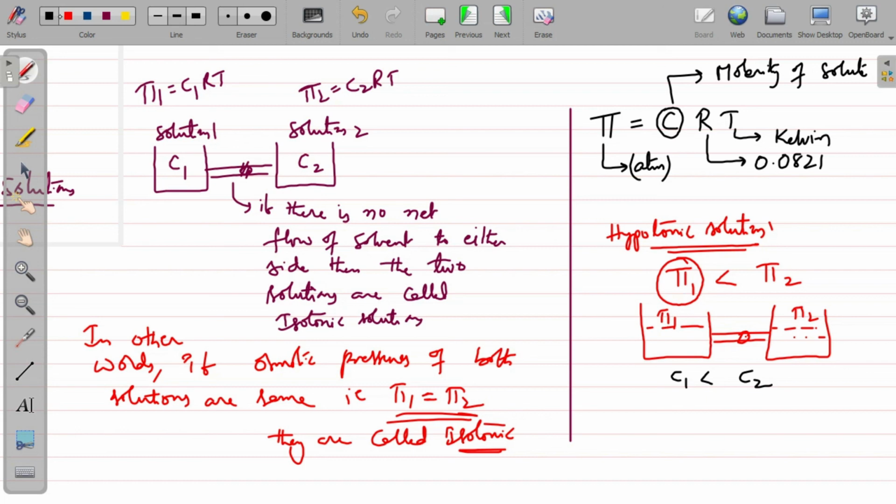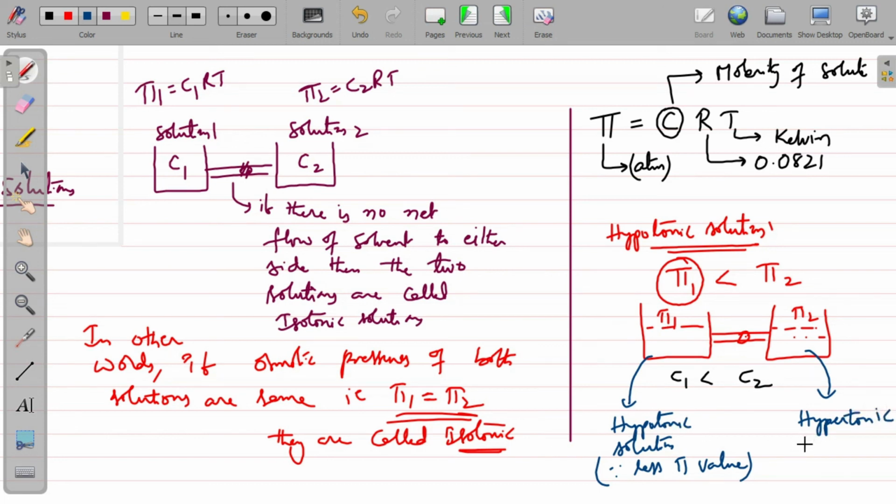Then automatically pi 1 will be less than pi 2, because pi is directly proportional to C. So if pi 1 is less than pi 2, then this solution is called the hypotonic solution, wherever lesser osmotic pressure is there. And the other one, which has a higher pi value, is called the hypertonic solution.